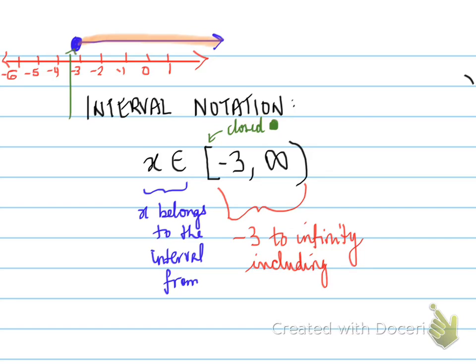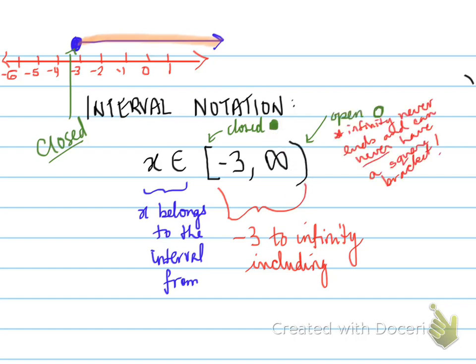If it is a closed circle like it is here, you will put a square bracket to represent -3. Infinity will always have a rounded bracket. And if the circle is open, you would also use a round bracket. Now the concept of infinity never ends and can never have a square bracket. Because it never ends, you can never have a square bracket. Okay, moving on.